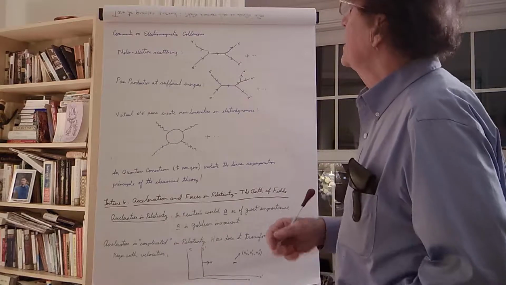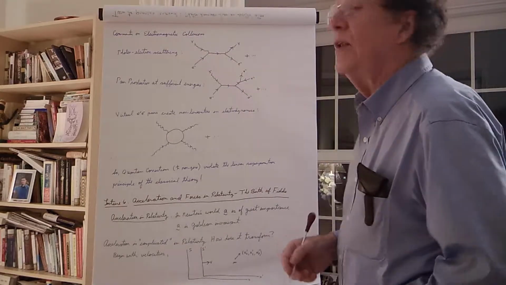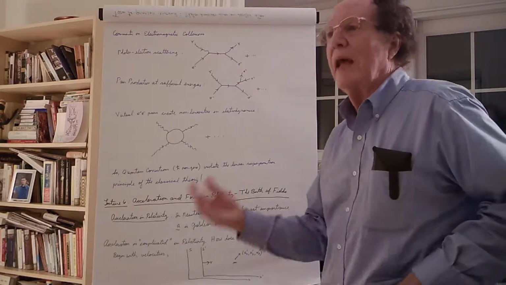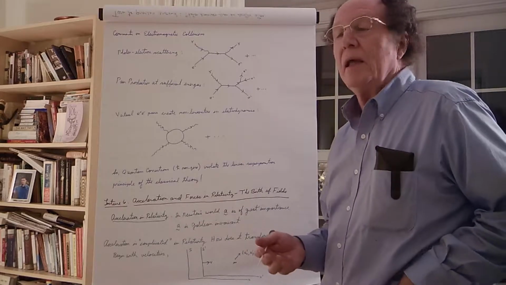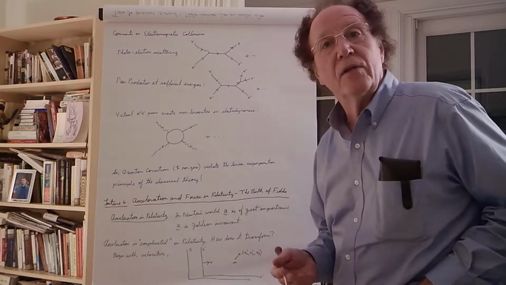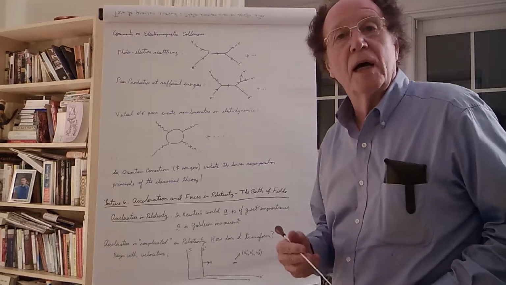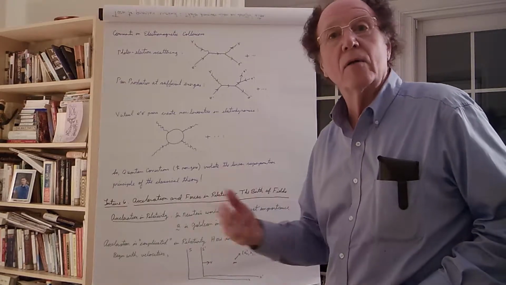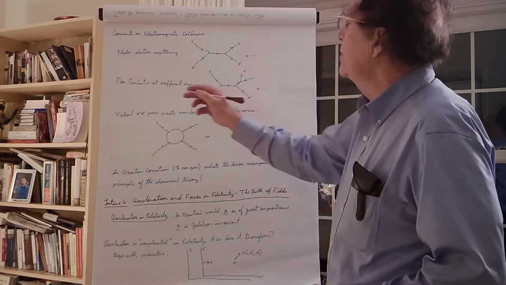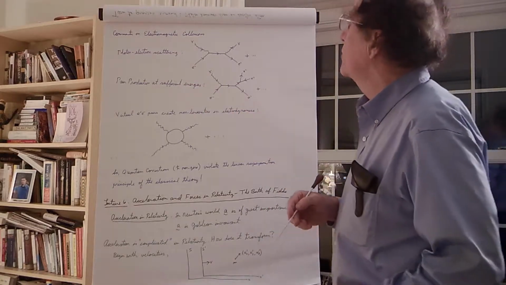Now, it's interesting that in collisions you can find new processes, and this is what happened, of course, in the accelerators in the 1930s. They created new states of matter. They collided protons together and they made a new state of matter called the antiproton. Well, I can do something similar here in my electrodynamic collisions.